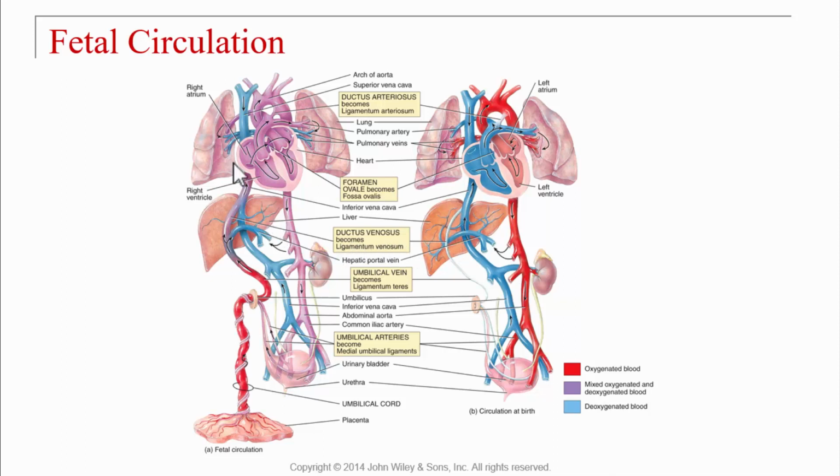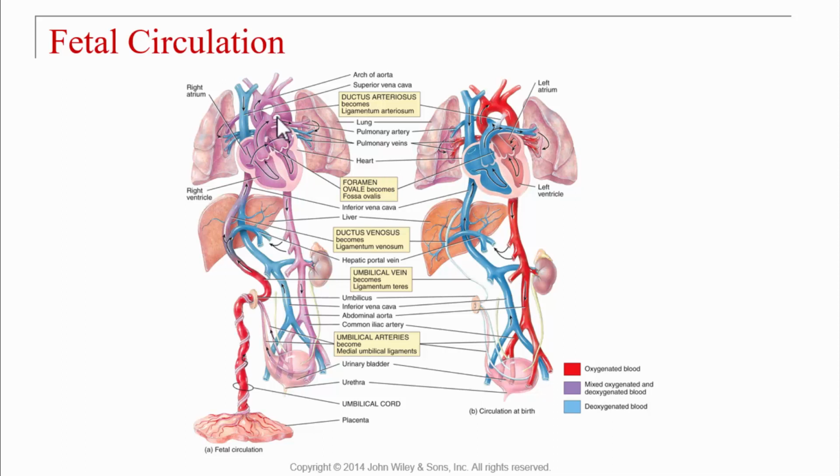Okay. Now the foramen ovale, there's a little flap, and when there's pressure changes after birth, that little flap closes and eventually seals. That is going to become the fossa ovalis. So it still looks like a little dent in there. It's still oval shaped, so it's the fossa ovalis.